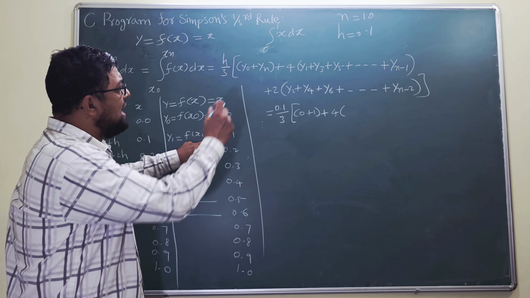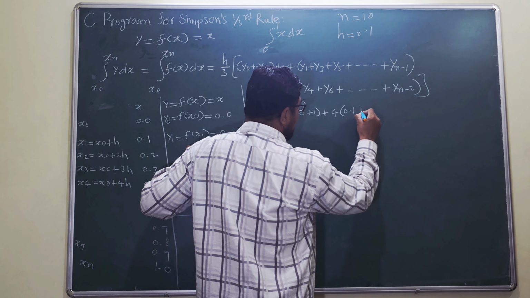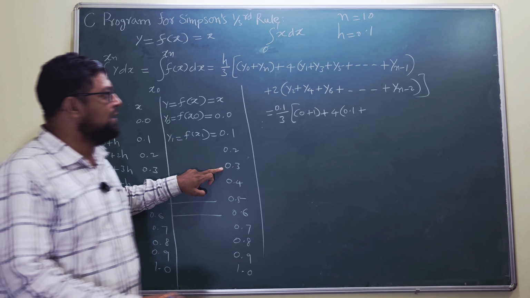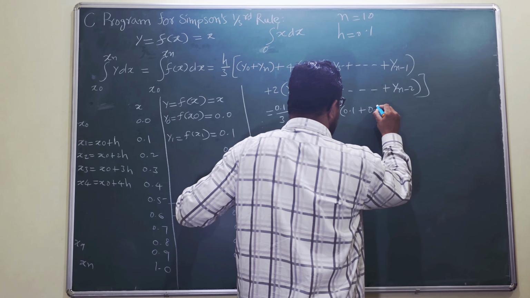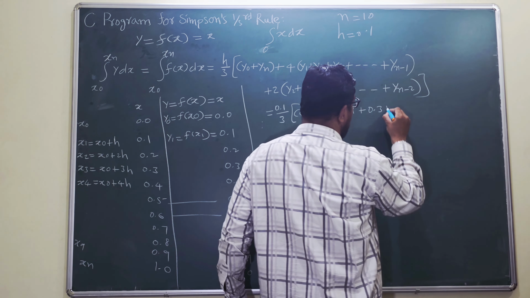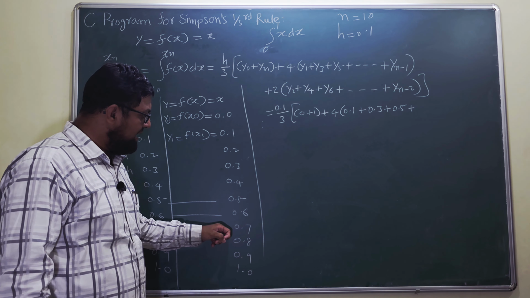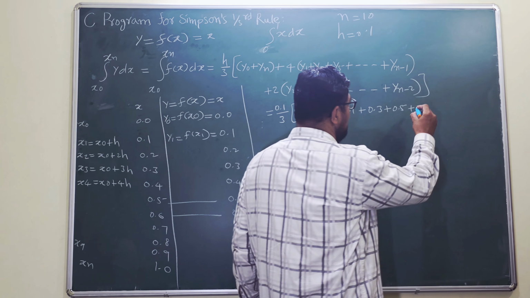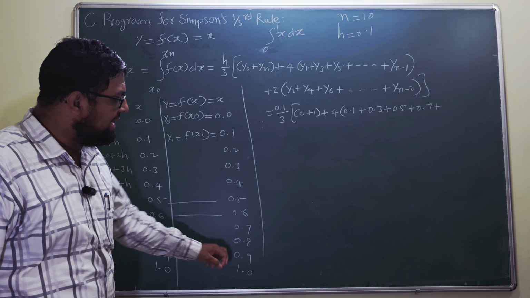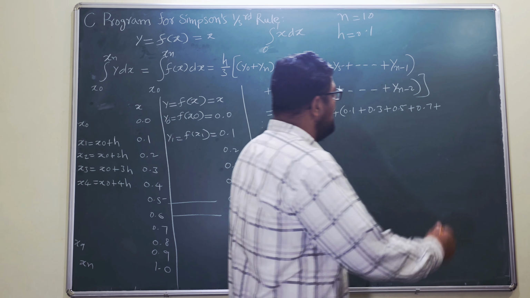They are y1, whose value is 0.1, then y3, 0.3, then y5, 0.5, plus y7, 0.7, and plus y9, that is 0.9. So these values I will write down over here.